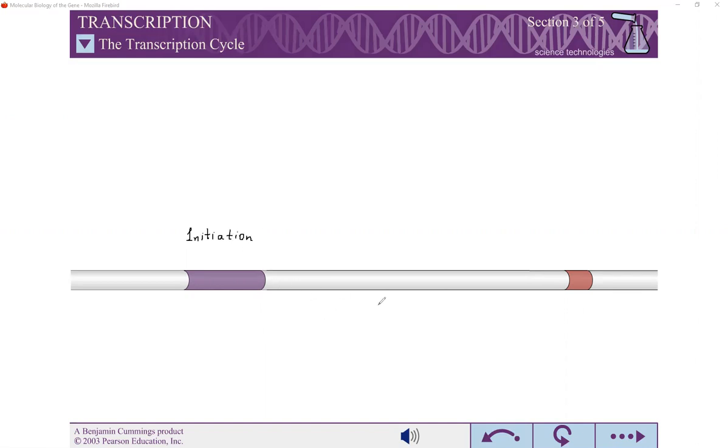When the RNA transcript is extended in its length, the process is referred to as elongation. And ultimately, termination takes place when the RNA transcript is terminated. So these are the three different processes: initiation, elongation, and termination. Now, please do have a look.